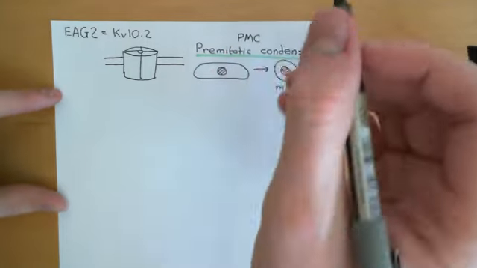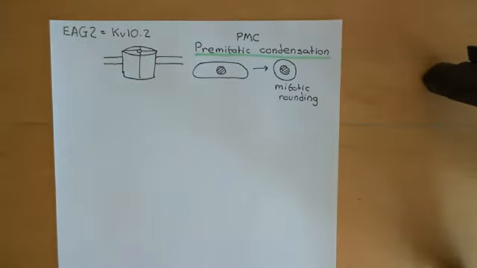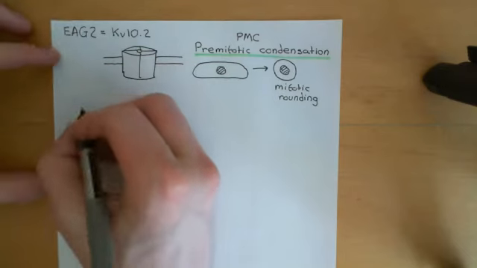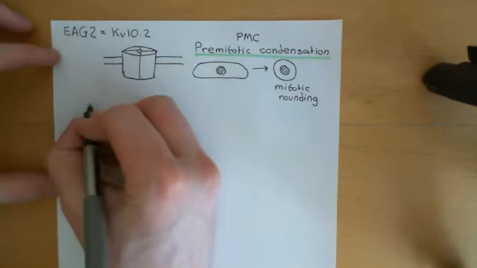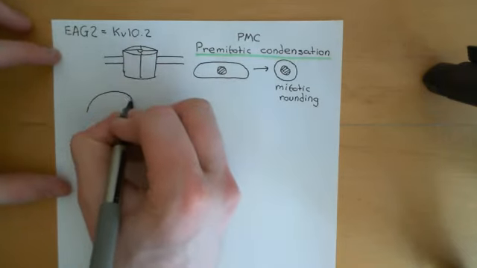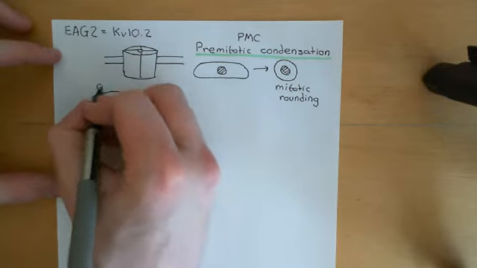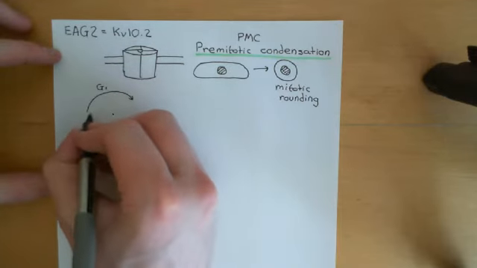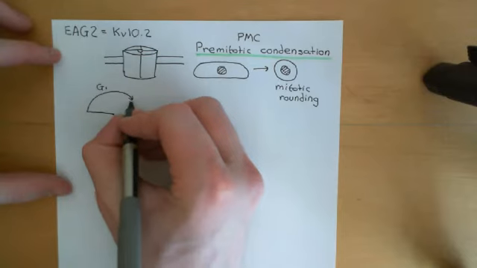So let's have a look at which specific portion of the cell cycle premitotic condensation actually occurs in. Let's redraw the cell cycle. Remember, the cell cycle firstly consists of this G1 phase, which I'll show here. I might make it a sort of pie chart like this.